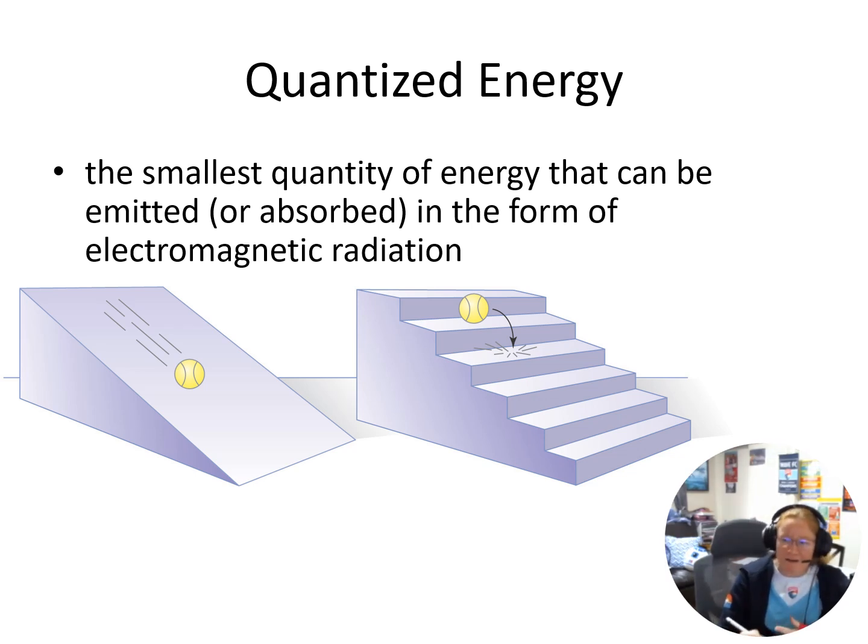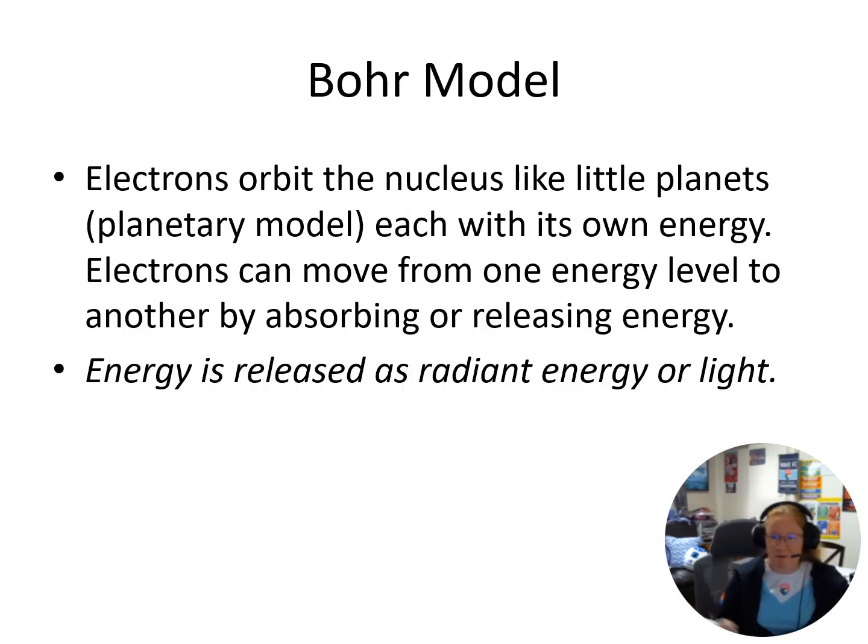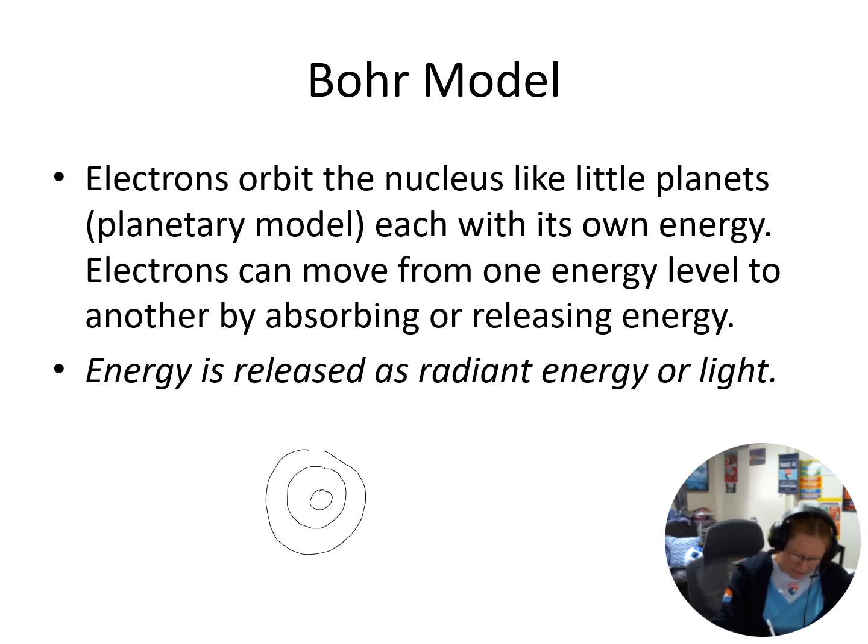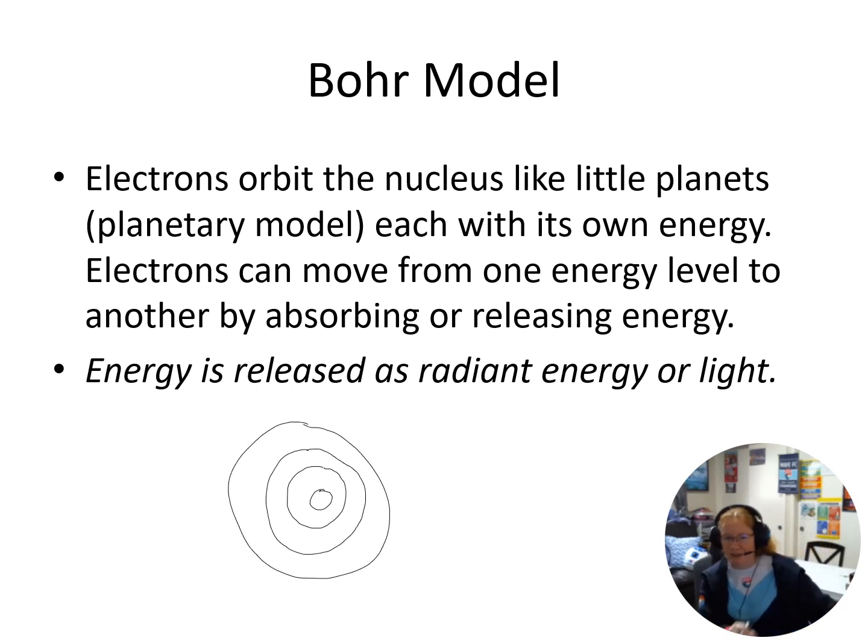Now, one of the things that has come out of this concept of quantized energy is what we call the Bohr model of the atom, sometimes also called the planetary model, because it gives us a visualization of these discrete energy levels within an atom. So we would have our nucleus, and then an energy level, and another energy level, and another energy level, obviously not to scale.